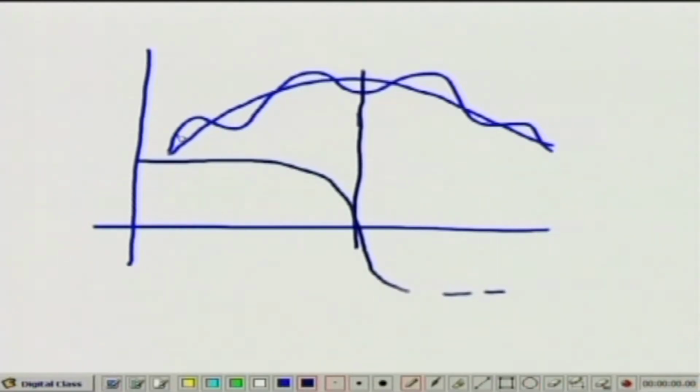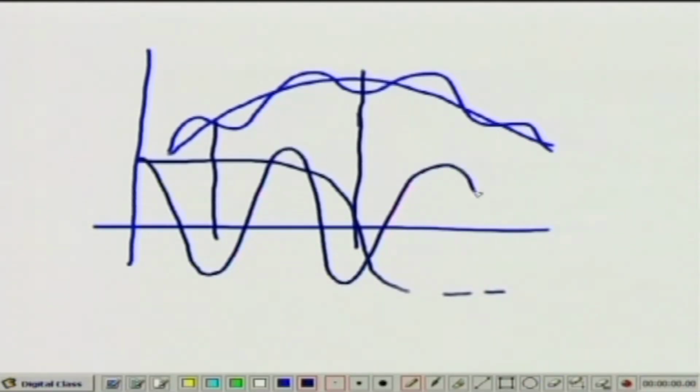What happens to the derivative of the other signal? See, the derivative of the other signal is going to start from positive, within this short time it will reach a negative maximum, and then it will again, so it will be widely varying. So you see that while these signals are more or less close to each other, their derivative terms are completely different.